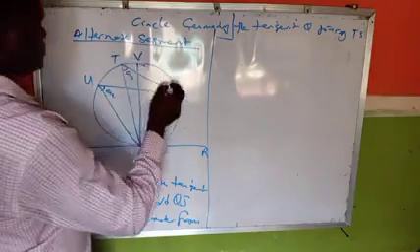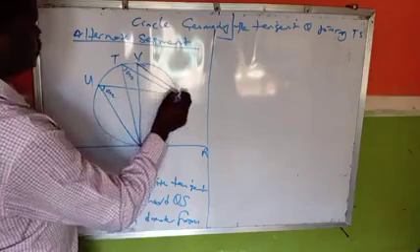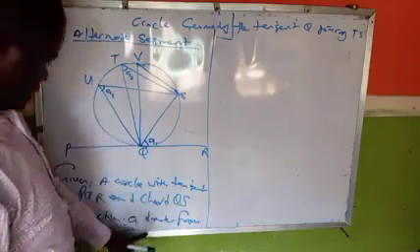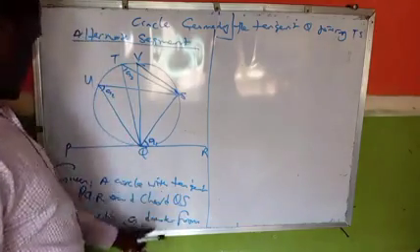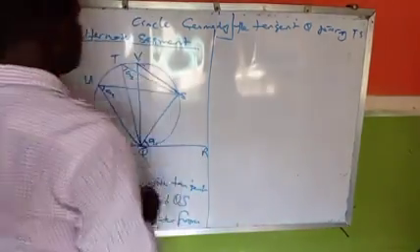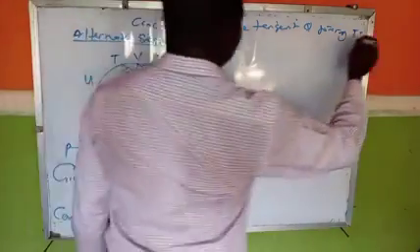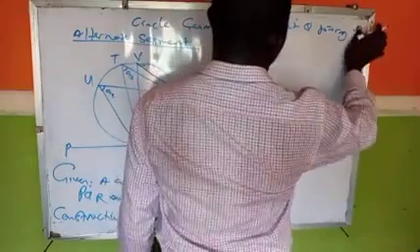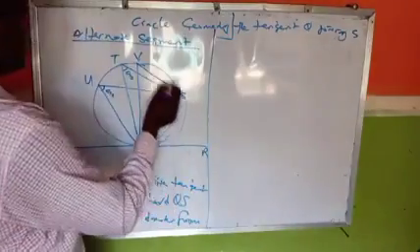So then join it with this. So you construct that diameter from the tangent point Q. This is it. And then join with X, joining X. So you simply join it with X there.